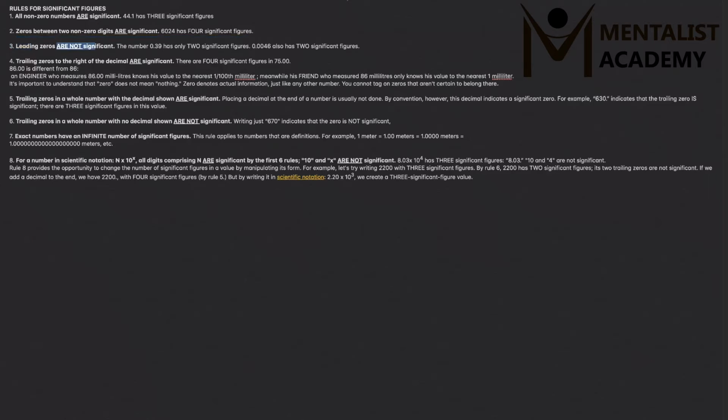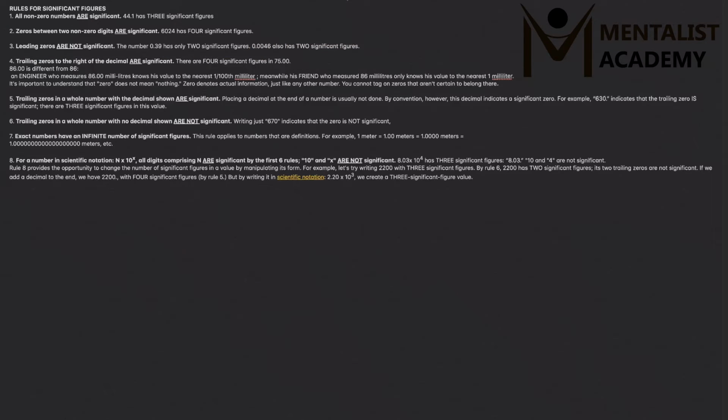Let's take another example like 0.0046. In this there are 2 significant figures, because all the 3 zeros are leading zeros. The number is starting from all these 3 zeros. So therefore it will have only 2 significant digits, that is 4 and 6.